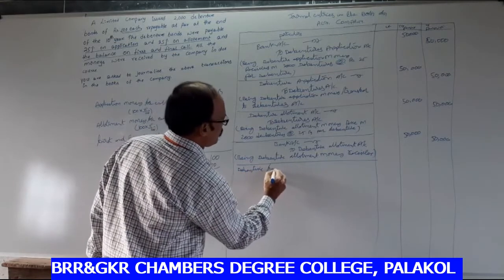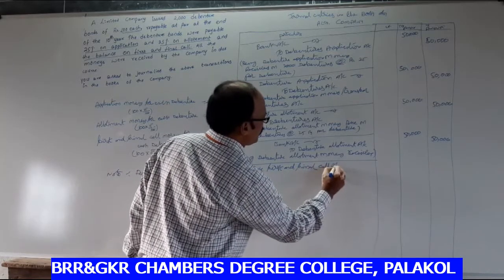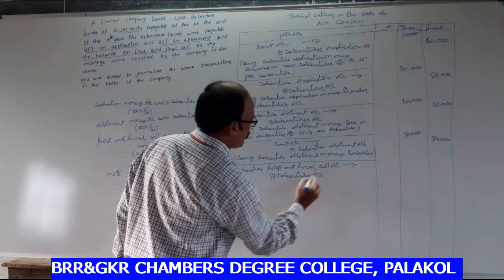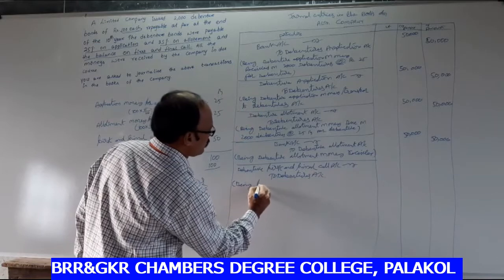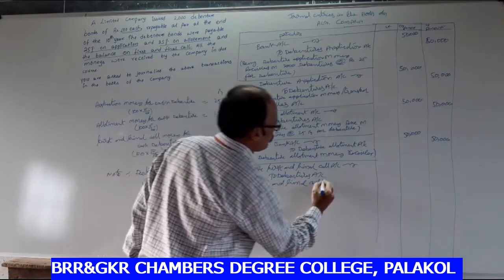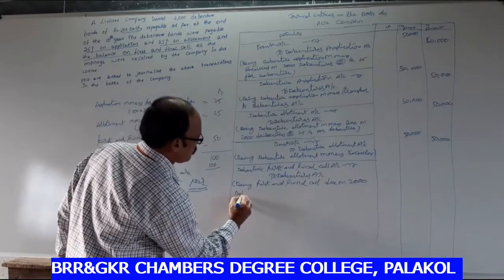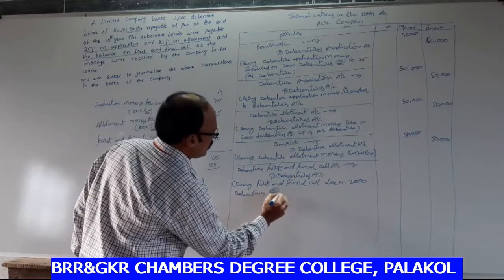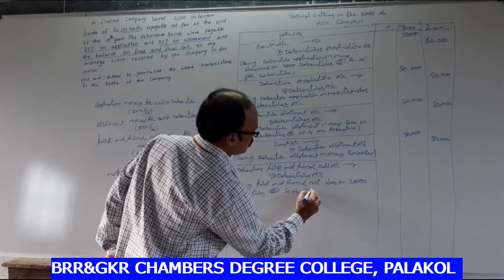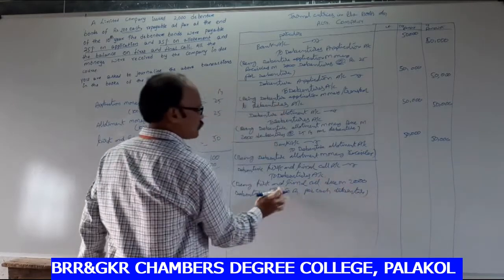Debenture first and final call account debit to debentures account, being first and final call due on 2,000 debentures at the rate of first and final call money per each debenture 50 rupees. 2,000 into 50, 1 lakh.